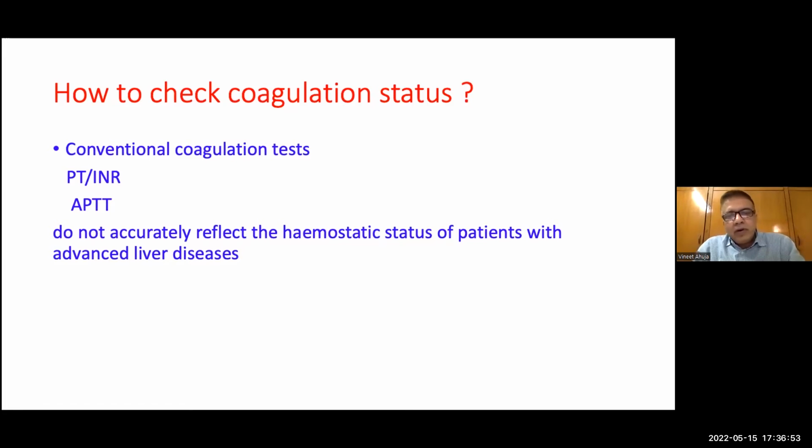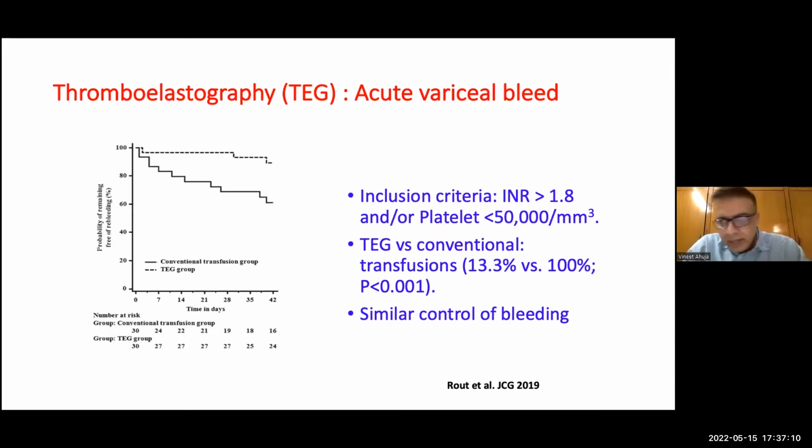When you are going to check coagulation status, the traditional teaching has been that, okay, do a PT, INR or APTT. But remember that in cirrhosis, PT and INR do not accurately reflect the hemostasis status of patients with advanced liver disease. In fact, for that, the best technique is thromboelastography.